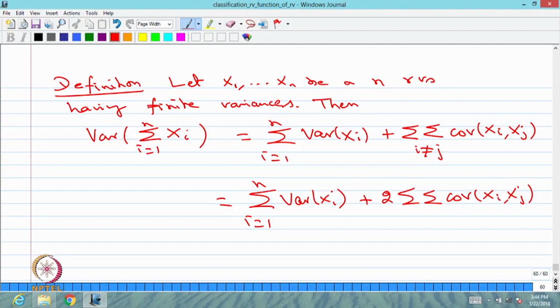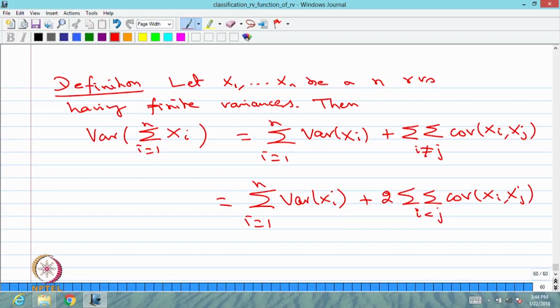Now, instead of the condition i not equal to j, I can write i less than j because we have put the 2 times. So both statements are one and the same.